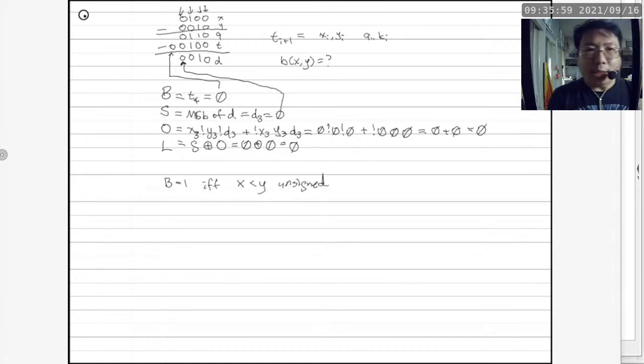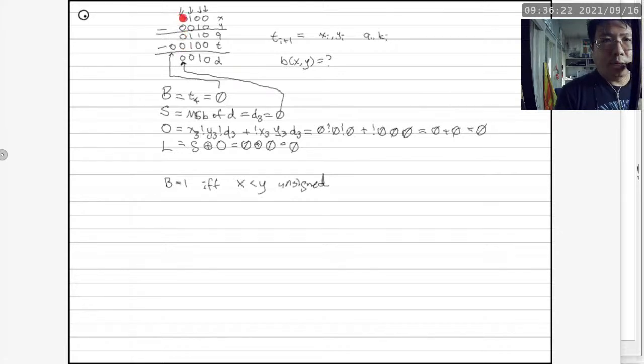Well, that actually makes a lot of sense, okay? Because if you think about T4, what does it mean when T4 is a 1? Well, when T4 is a 1, all that really says is, okay, we have a borrow either from the subtraction of x3 and y3, or we have a borrow from q3 minus t3.